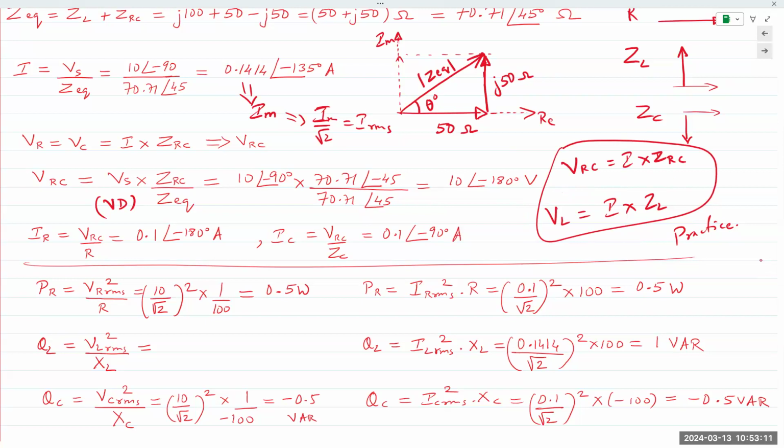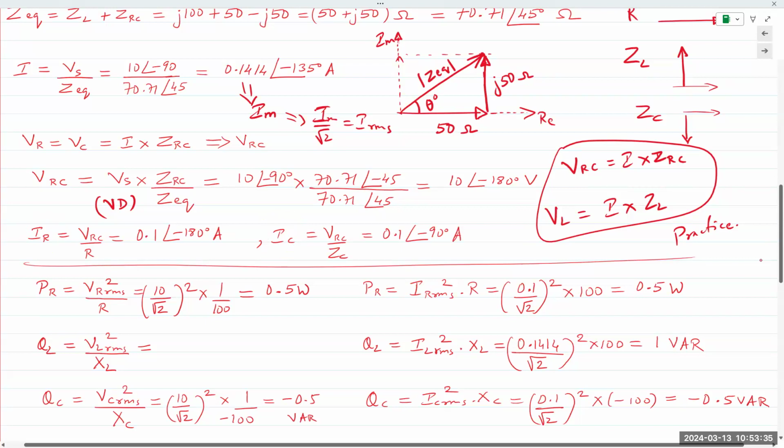Just I. Phasors. We are still talking in terms of phasors. RMS doesn't come into the picture until we get to power. Okay, all right. So then we have that. And then we apply Ohm's law one more time, and we find IR and we find IC.